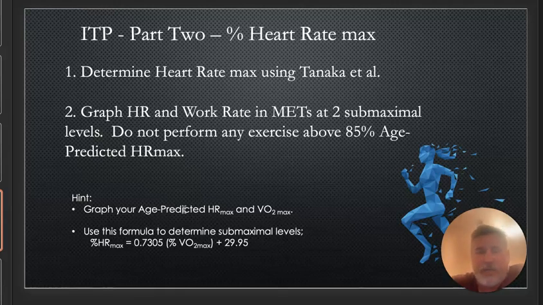You could get on a treadmill and with a certain speed and incline, go for 3 minutes and figure out your heart rate, and then increase the intensity by increasing the speed or increasing the incline, and then do it for 3 minutes and record your heart rate. As long as you have 2 points above 110, you should be able to graph your heart rate response. Okay, so that's one way to do it.